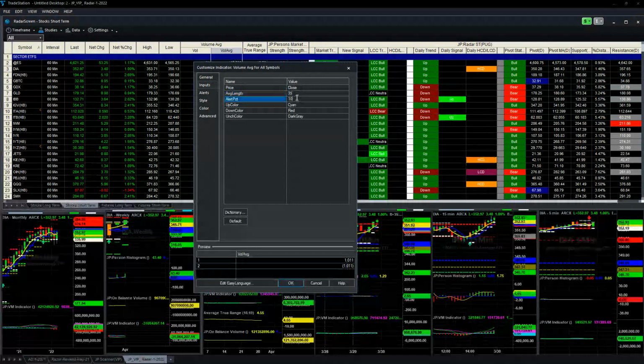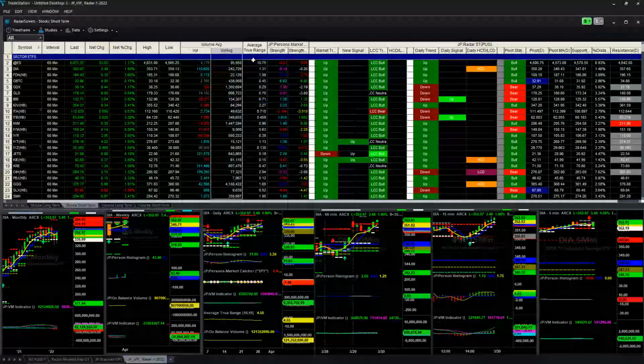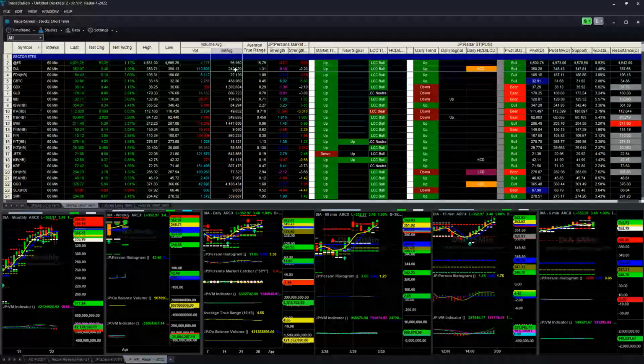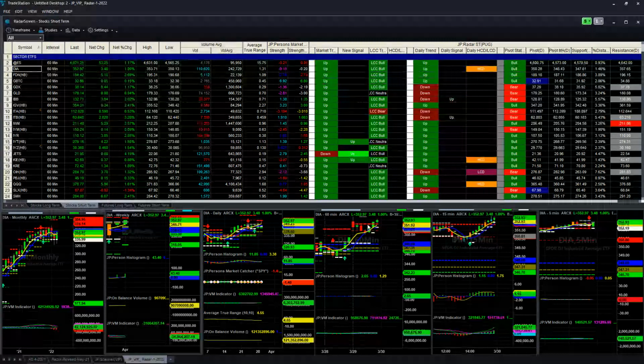So if I change both the average length and alert percent to 35 and hit OK, now you could say, what is the current volume versus the last 5 days volume? It's half. Interesting. The last half hour volume was half of what it has been. So we didn't get a huge volume spike in that last half hour.